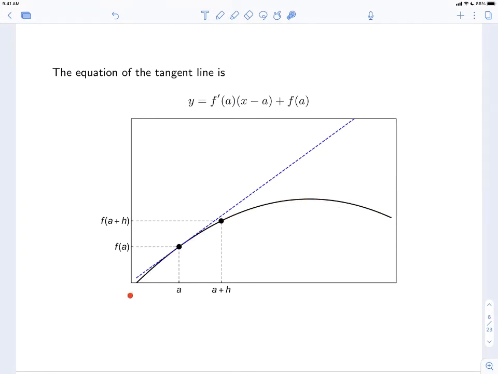This is y equals f at x, and this blue line is the tangent line. The equation of the tangent line is y equals f prime of a times x minus a plus f at a. This can be found by looking at the point-slope form of the line and then just adding f at a to both sides.